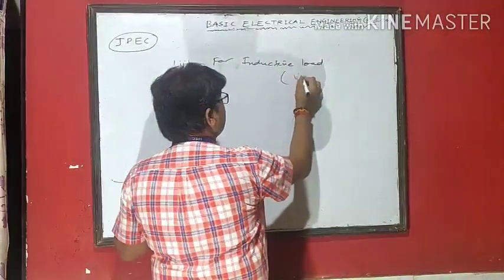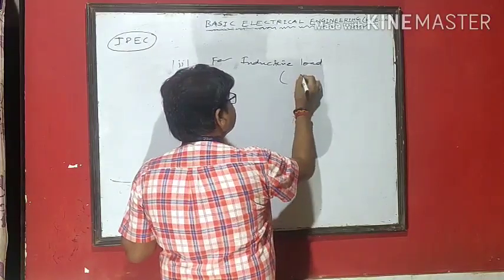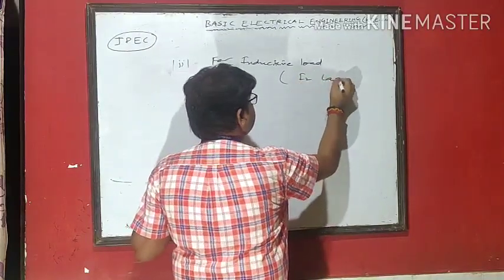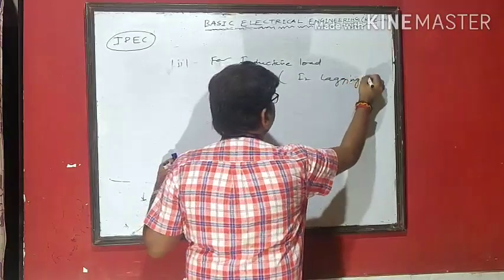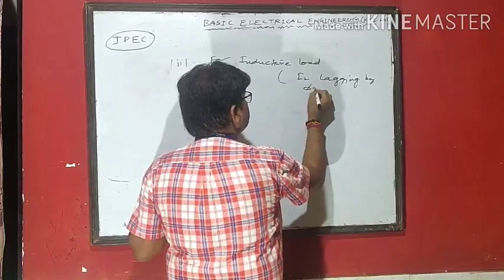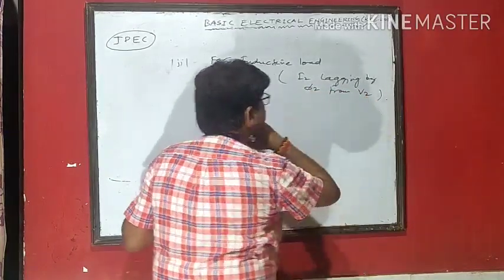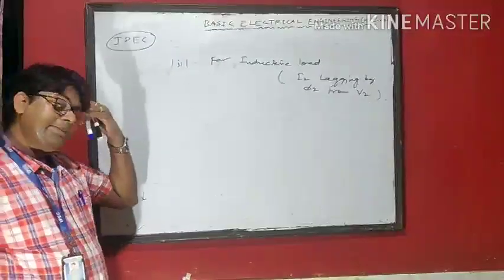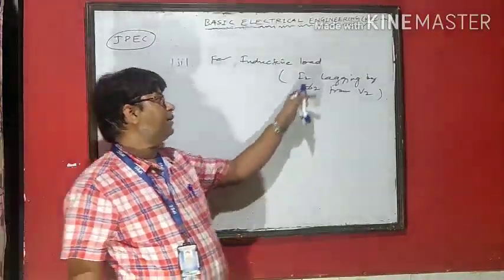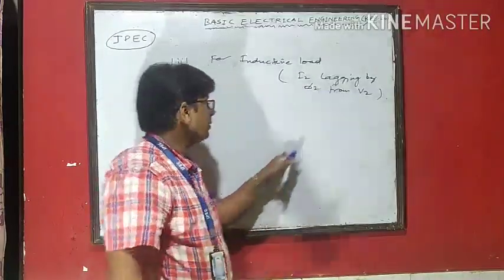So I2 is lagging by angle phi 2 from V2. That means the angle between V2 and I2 is phi 2, but lagging. In case of capacitive, it is leading.